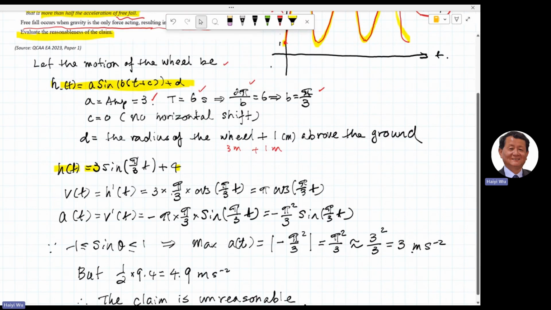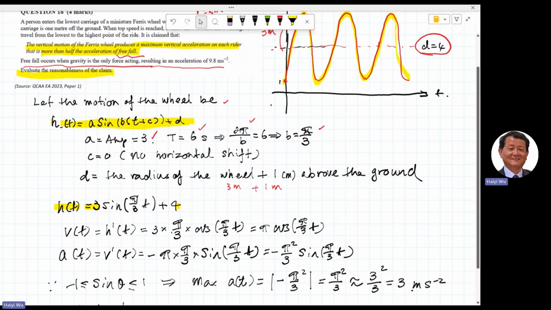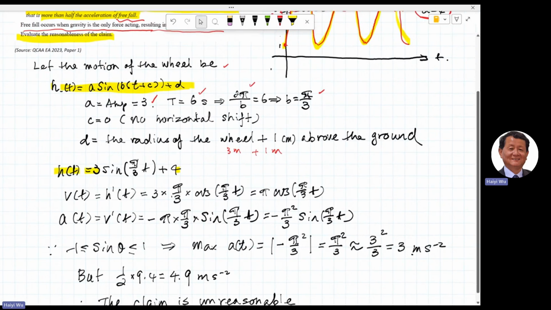Okay, now we're going to test the claim. When you work out acceleration, we need the velocity first. Velocity is the first derivative of h, so we do h dash.